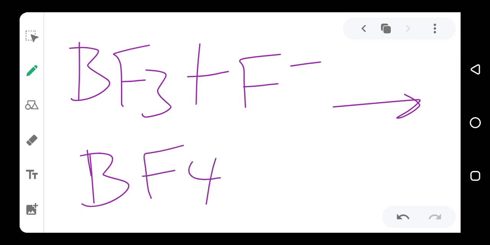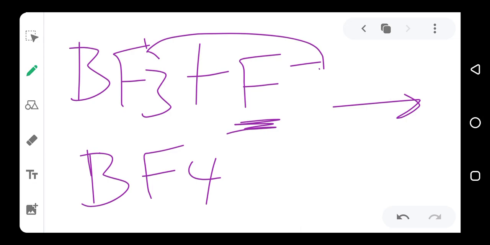In this reaction, this is negatively charged, so it is donating the electron that it has. Negatively charged means that it has excess electron. Now it is donating it to this boron, which is lacking electron, to become BF4. In Lewis acids and bases, the structure of the acid and base is important for us to know whether it is donating or accepting electron.